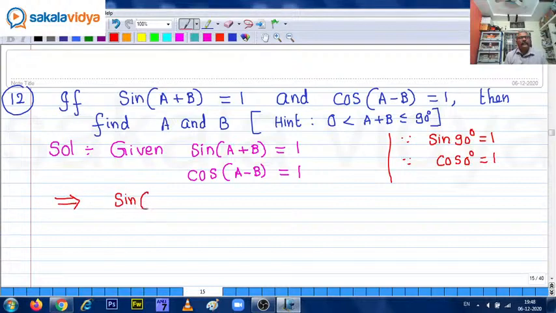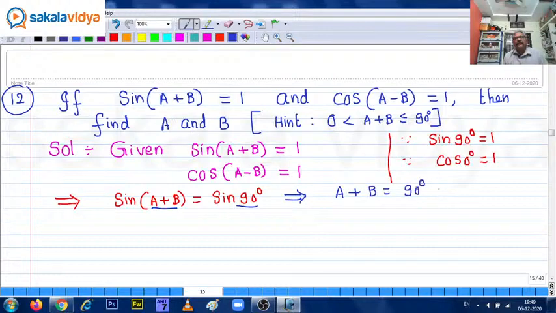Now sin of a plus b equals, instead of 1 in terms of sin, sin 90 degrees. Comparing these two values, a plus b equals 90 degrees. Call this equation 1.